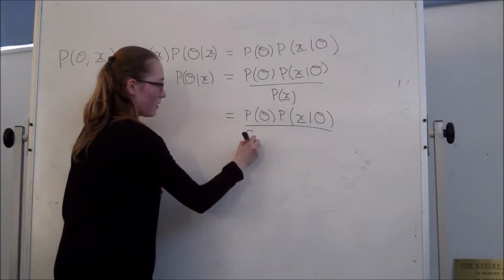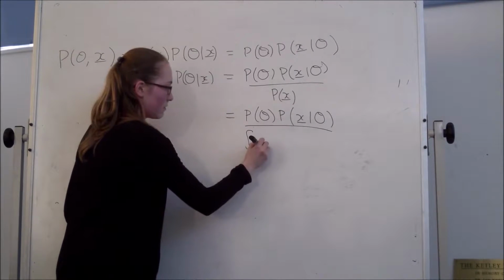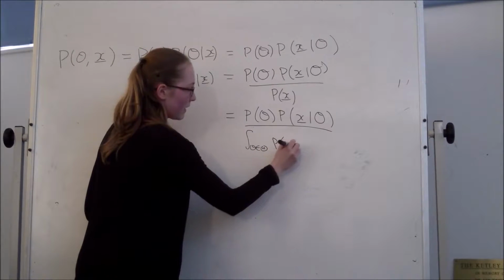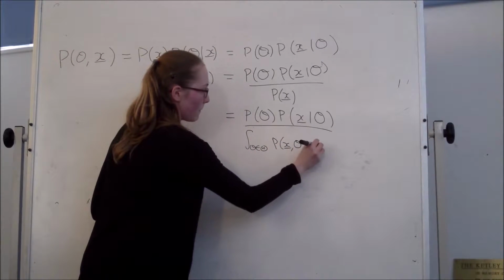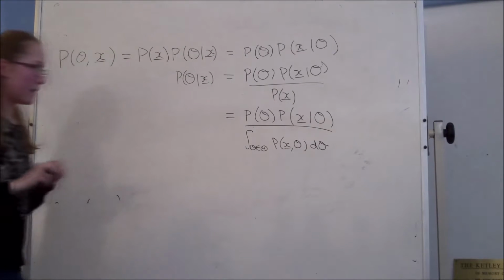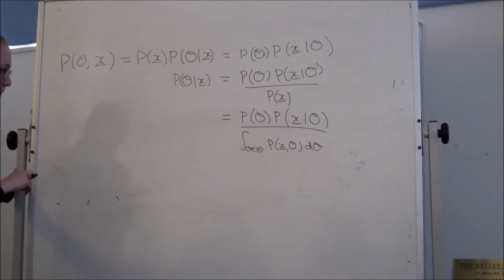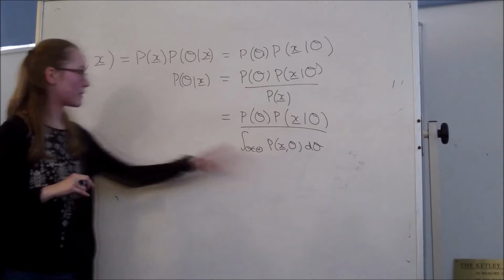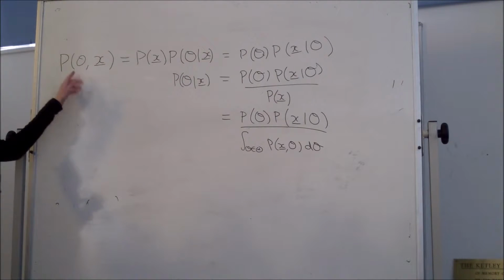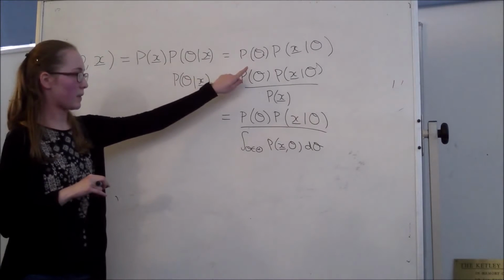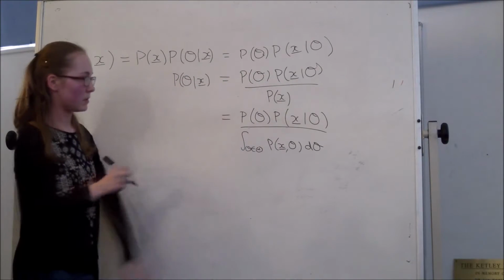So if we integrate over theta of the probability of x and theta, then this is the same thing, because we're just integrating theta out of the joint distribution, which will just give us the probability of x again. And then this x and theta is the same as this, it's just swapped the other way around. So we can replace this with one of these two expressions, and I will choose this one.